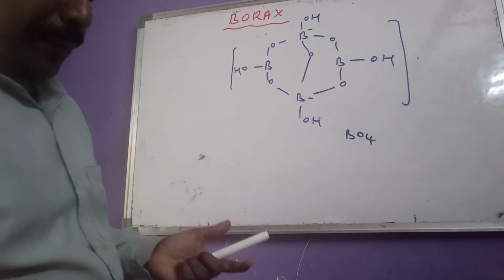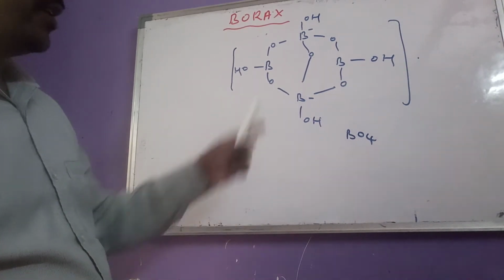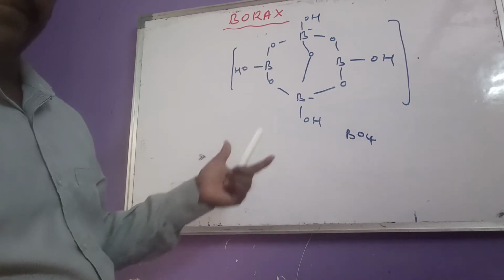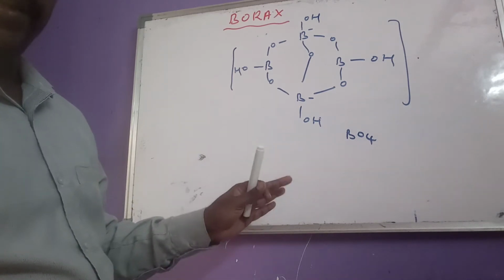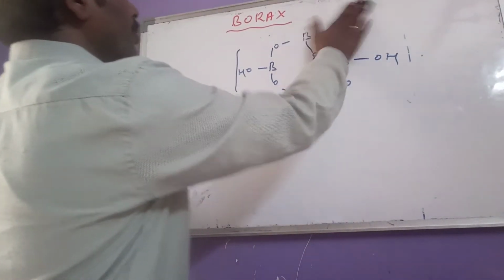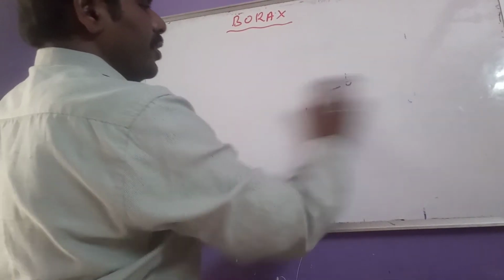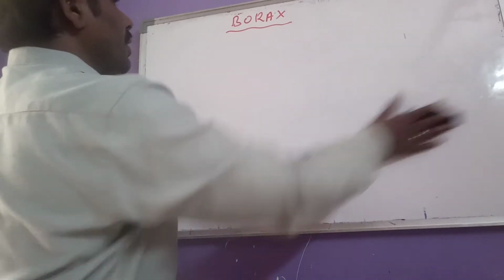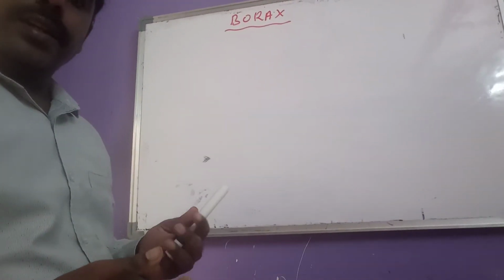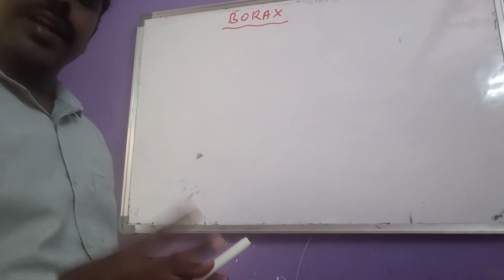So if a -2 charge is there, 2 BO4 units are present in this tetranuclear unit of borax. So this is the tetranuclear unit structure of borax.